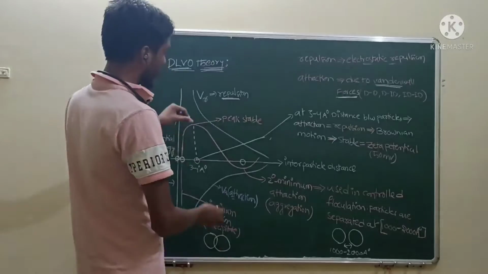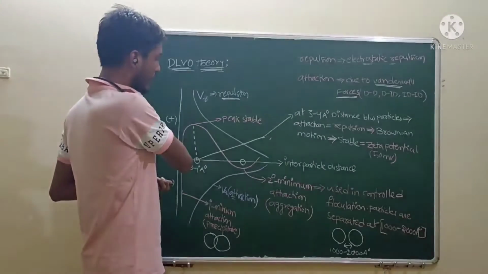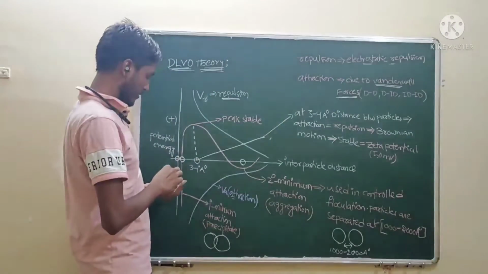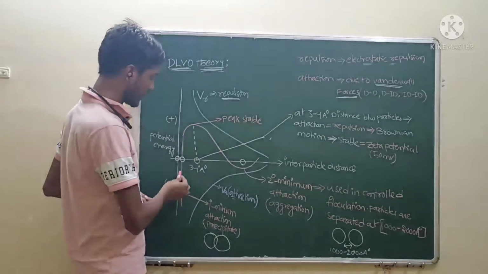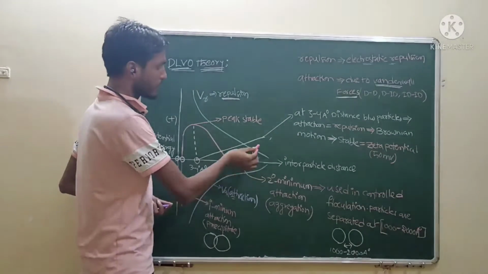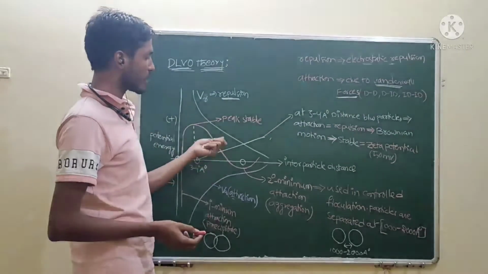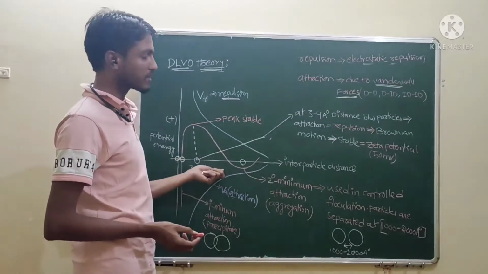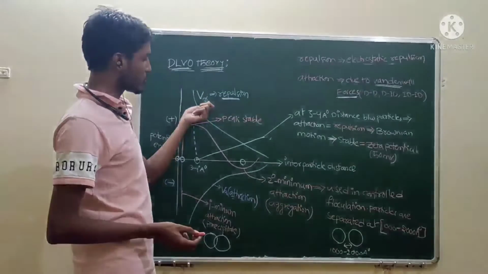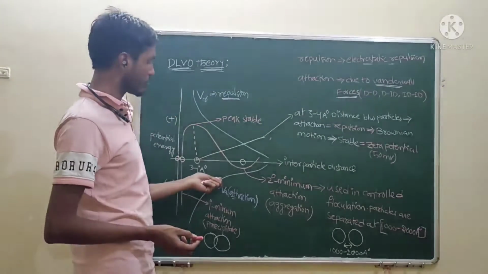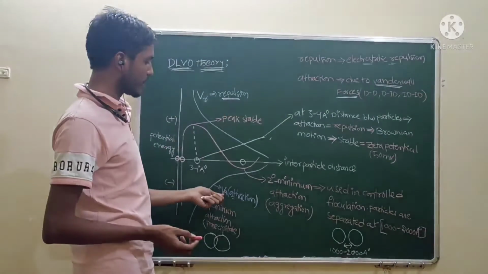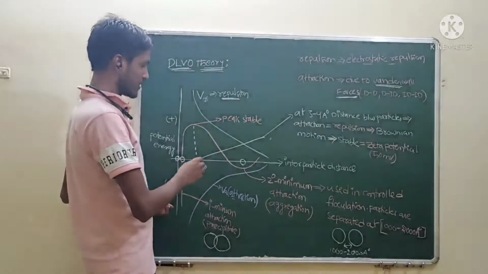And next, we have drawn another line. This is the red line. See this line. It is derived by algebraic extraction from these positive and negative lines, meaning the repulsion and attraction lines.